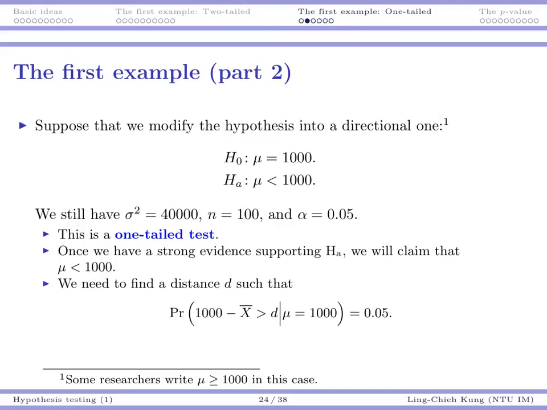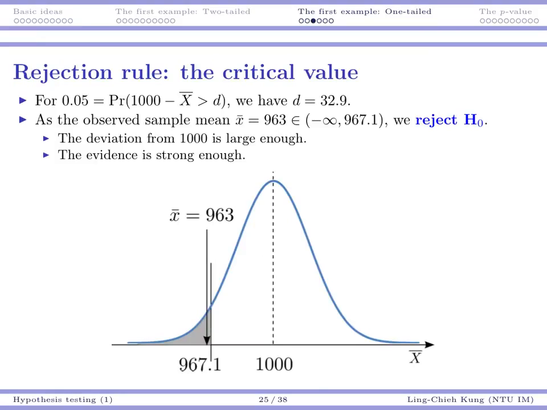So the only difference is that, first, the direction is put into the hypothesis, and second, the calculation becomes the calculation of a one-tail probability. Now we want to calculate this. And this is nothing special, just a single software step, right? So we can find that d is 32.9.